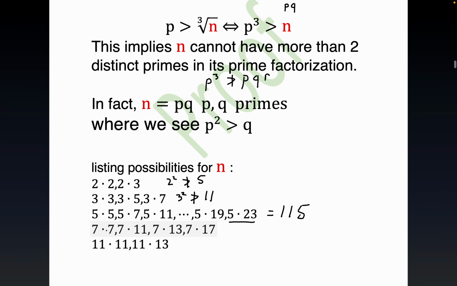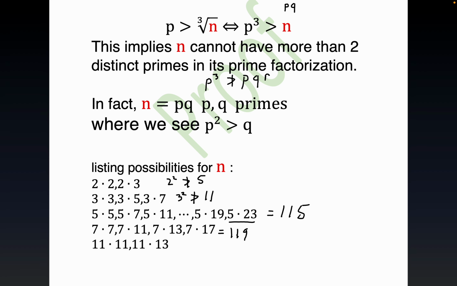You see how you just keep carrying on in this fashion where you eliminate stuff and maintain this. 7 squared is greater than 17 easily, right? And notice that this is equal to a 3-digit number, namely 119.